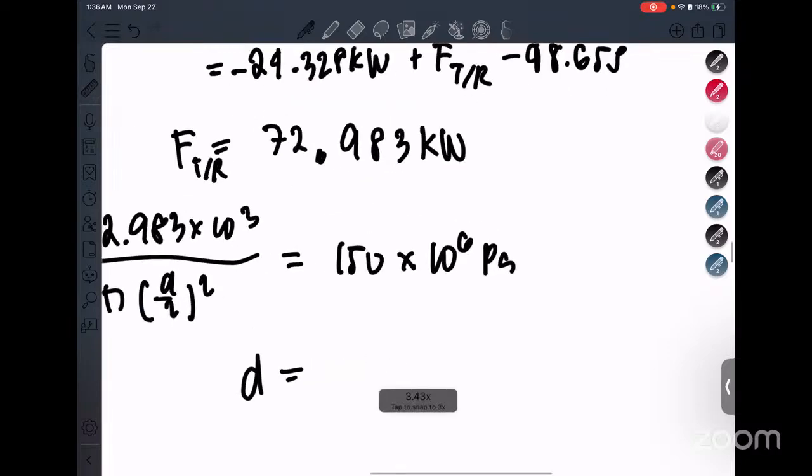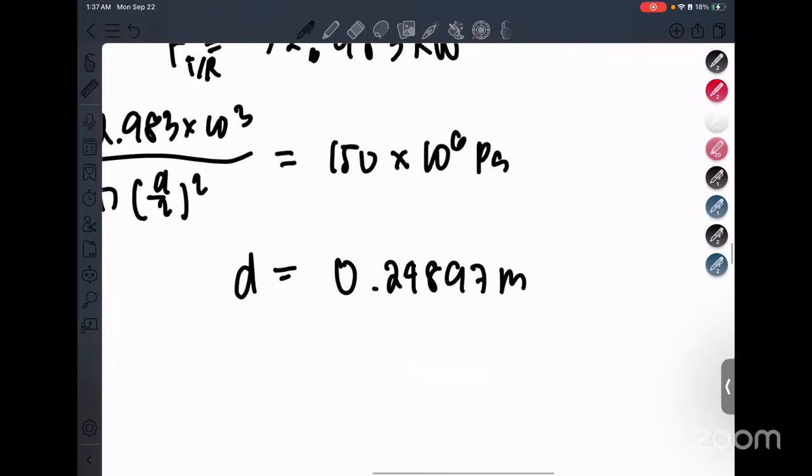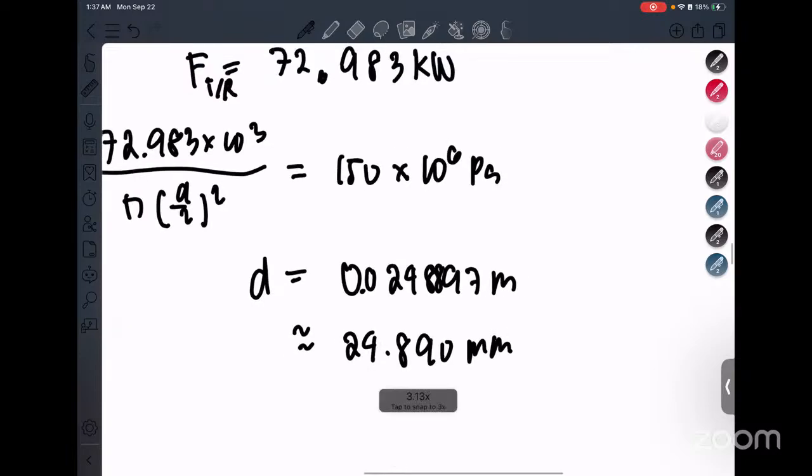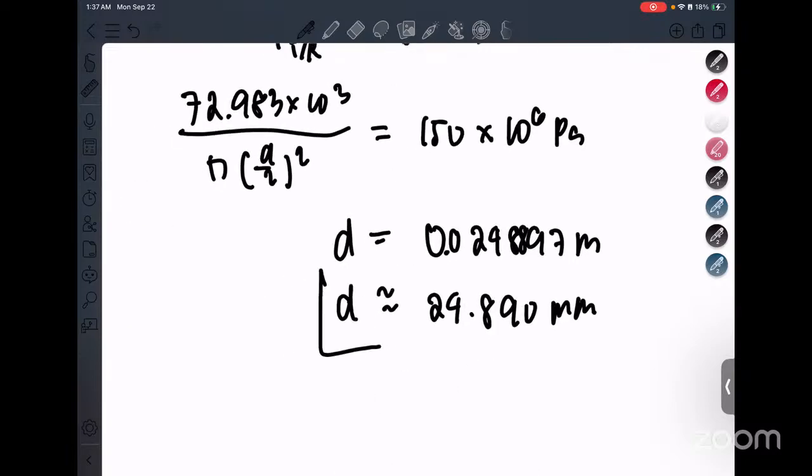Solving that yourself, you will get 0.24897 meters, which is equivalent to 24.89, magiging 24,890 millimeters. So that's the diameter of the tube.